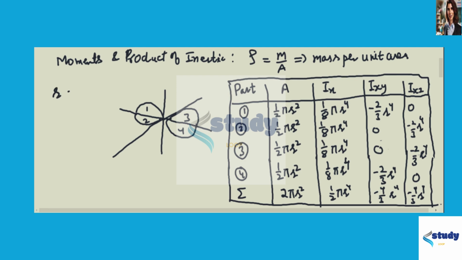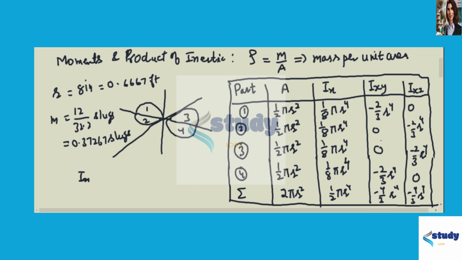Here r is given 8 inch, that is 0.6667 foot. Mass is 12 by 32.2 slugs, that is 0.37267 slugs. I mass is equal to rho into I area.